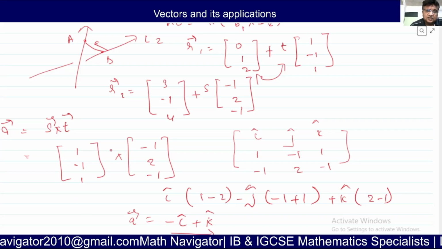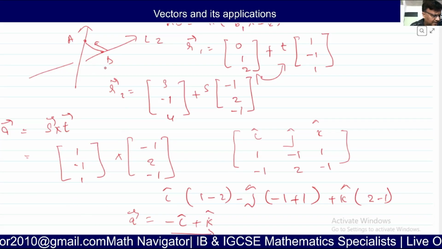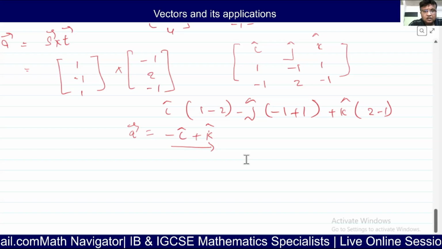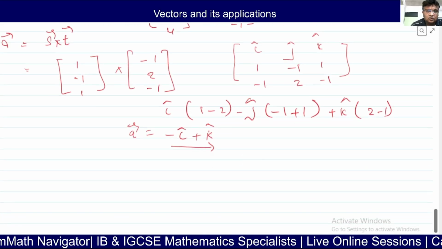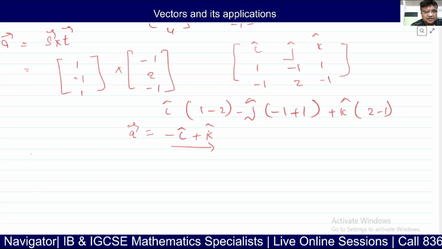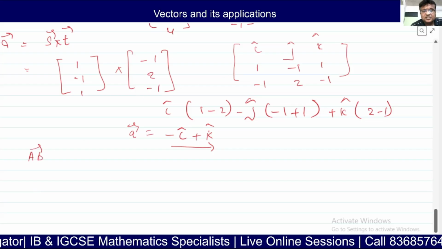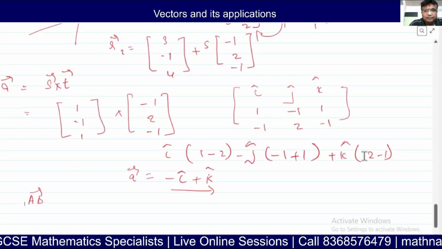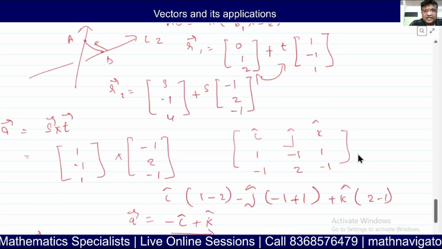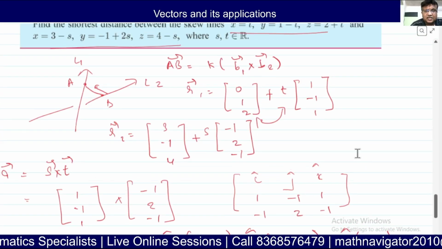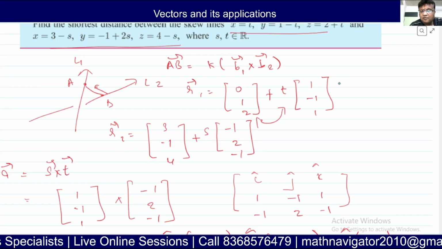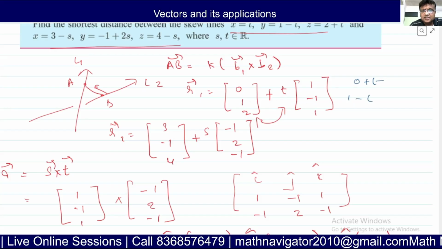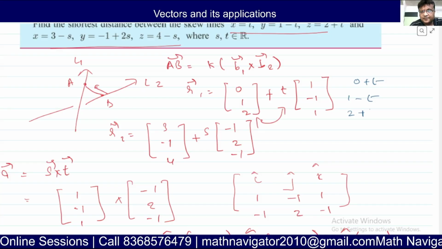of line, this is the direction vector of line AB, right? So if I say vector AB, first I'll find vector AB. So vector A is a general point on line A and B is a general point on line B. General point on this line will be 0 plus t and 1 minus t and 2 plus t, right?